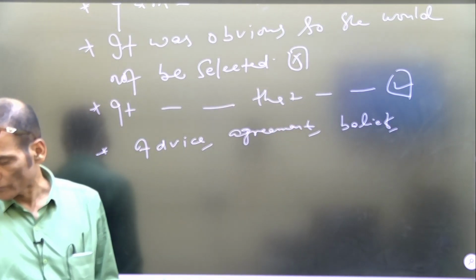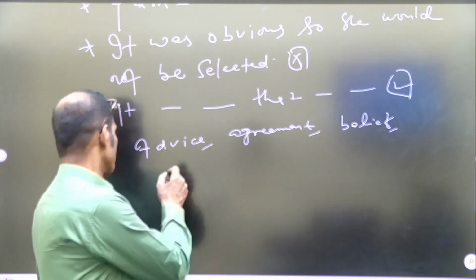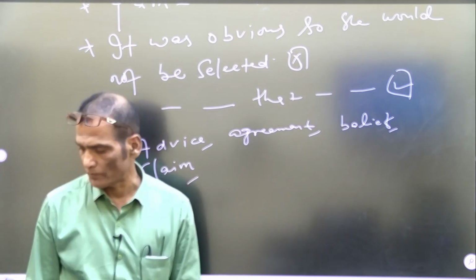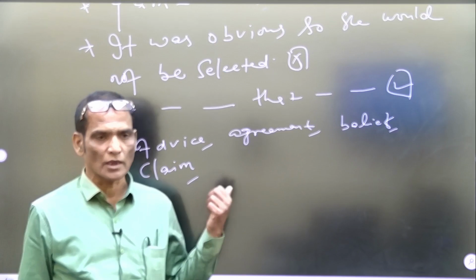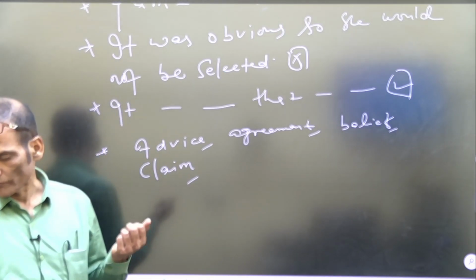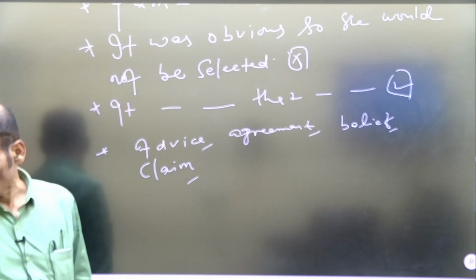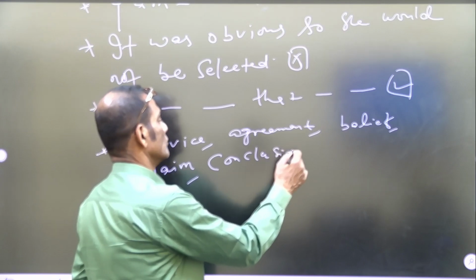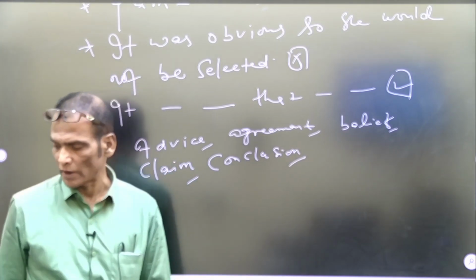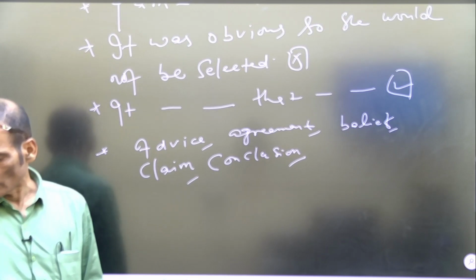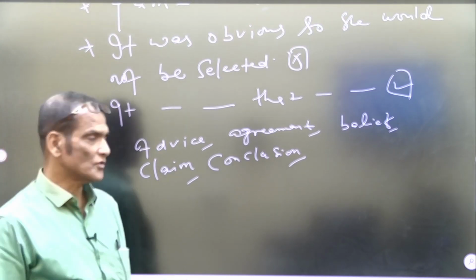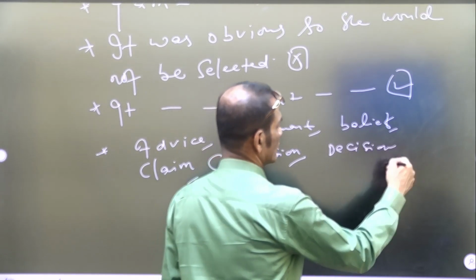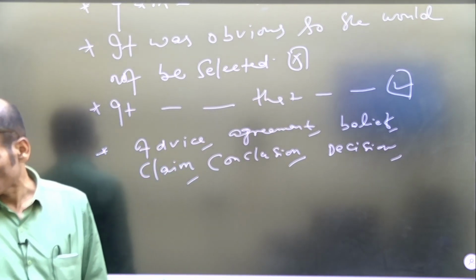Then after claim. Here claim is both noun or verb. So if claim is used as noun, then there is that. Then after claim, conclusion. If there is conclusion, then there is that. Then after decision.